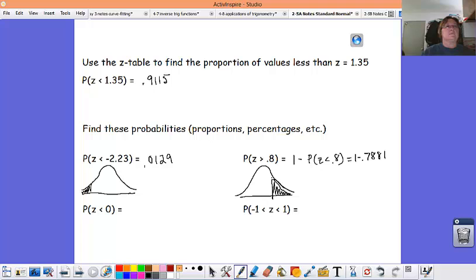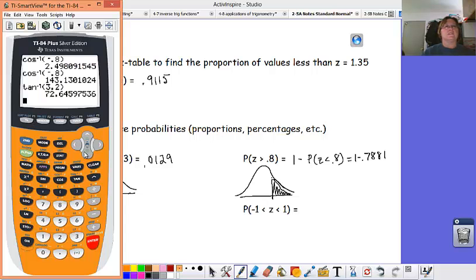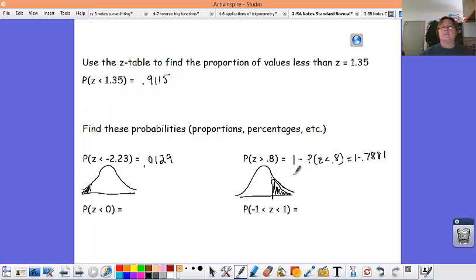And I should probably be able to subtract that, but I'm going to go to my calculator. I want 1 minus 0.7881. Okay, 0.2119 is that probability. About 0.2119, or 21% of the time, we'll reach a z-value that is larger than 0.8.